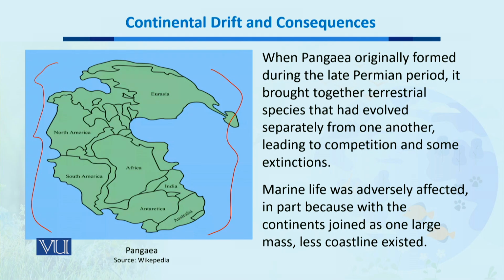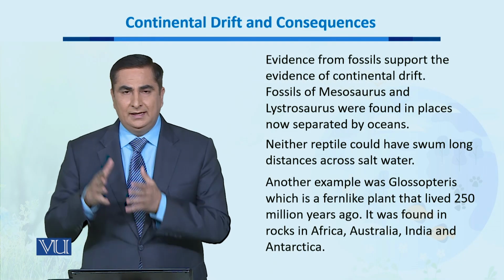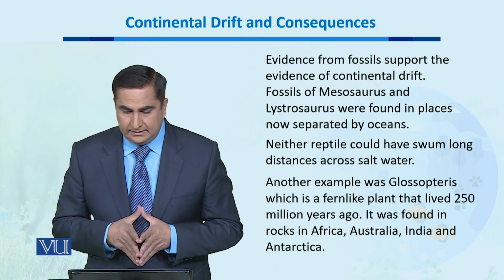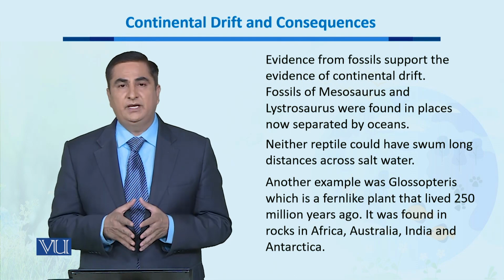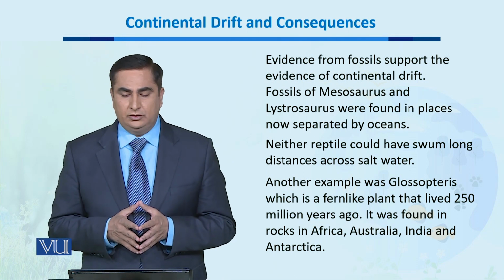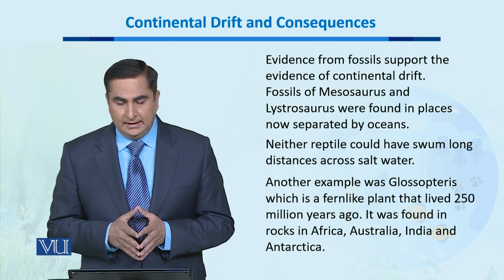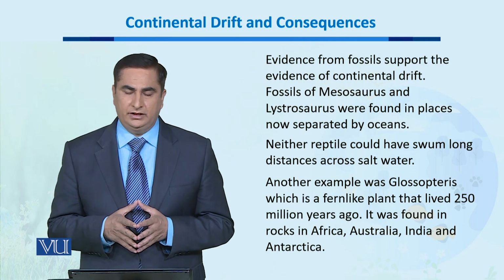Now, the evidence from the fossils which we have discussed in the previous slides supports continental drift. Fossils of Mesosaurus and Lystrosaurus were found in places now separated by oceans.